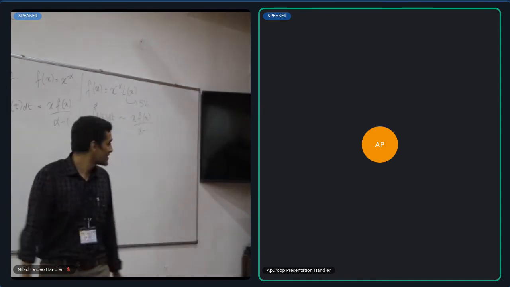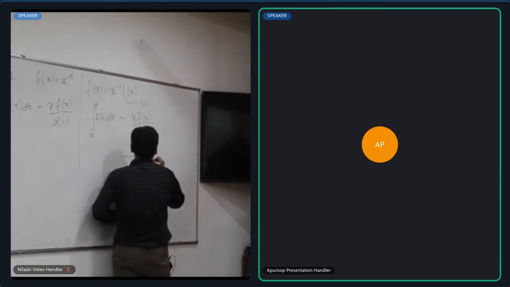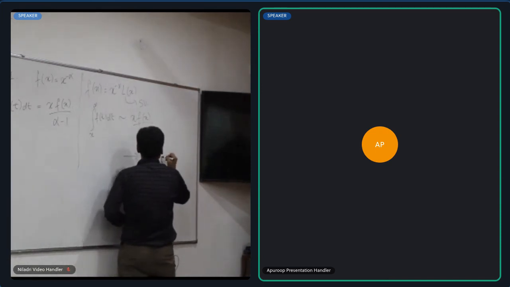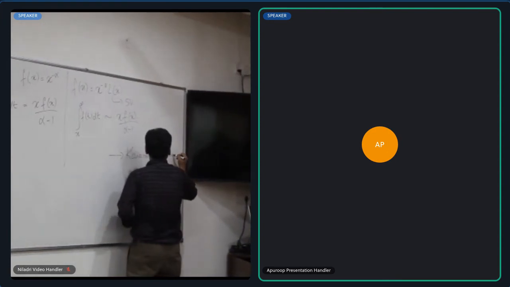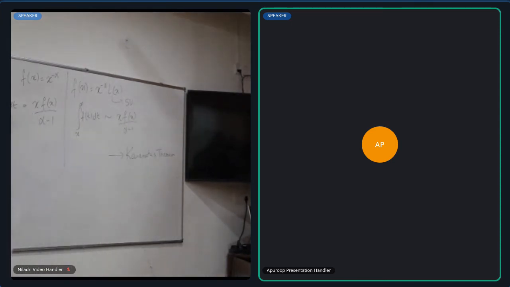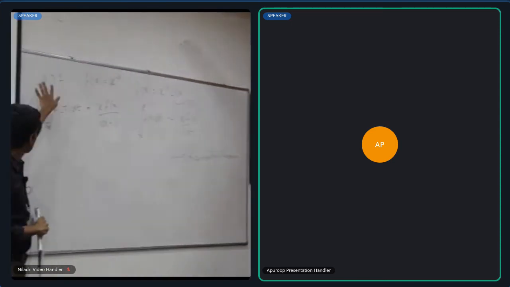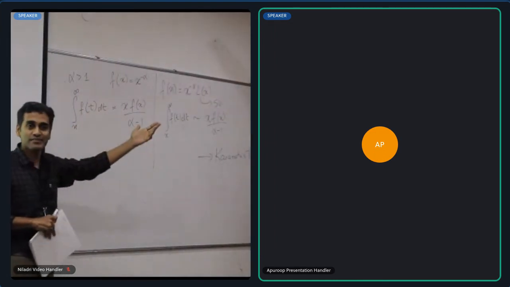But this is part of a broader class of results called Karamata's integration theorem. That is just Karamata's theorem. There are similar versions for what happens if you are integrating if alpha takes other values, except the range that I talked about. There are versions of this with differentiation as well.